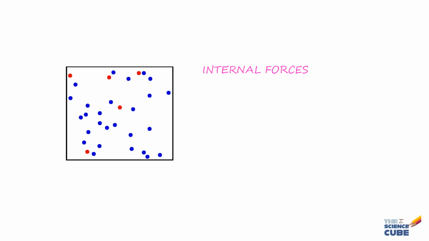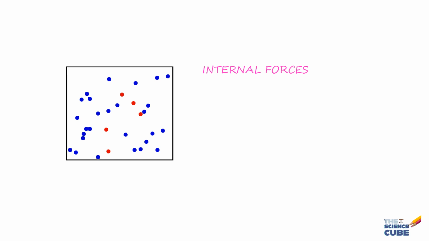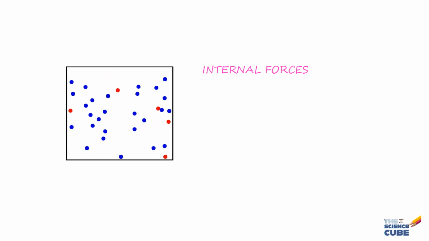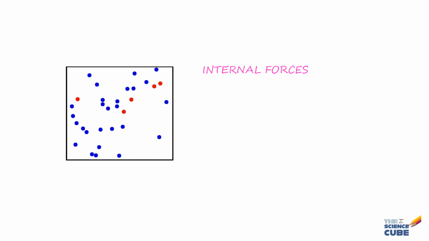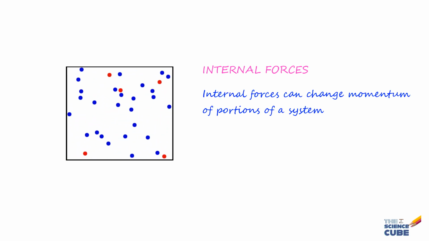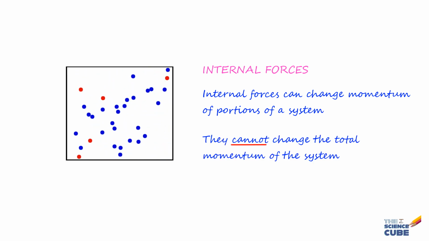Another thing I want you to note is that we mentioned only the external forces acting on a closed system, even though the internal forces can change the linear momentum of portions of the system. But they cannot change the total linear momentum of the entire system.